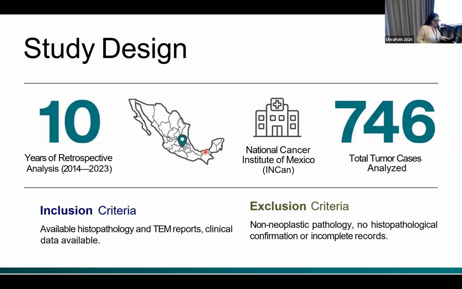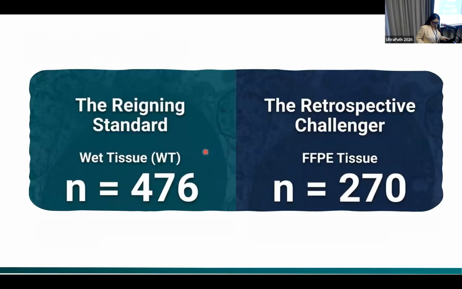Our exclusion criteria were all the non-neoplastic pathology or unavailable histopathological reports. And for the results, we obtained 476 cases for the wet tissue, and for the FFPE a total of 270 cases.